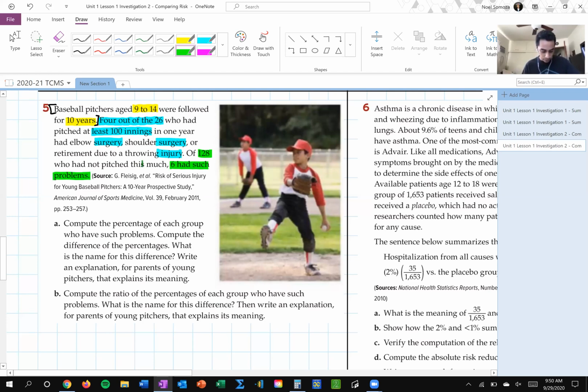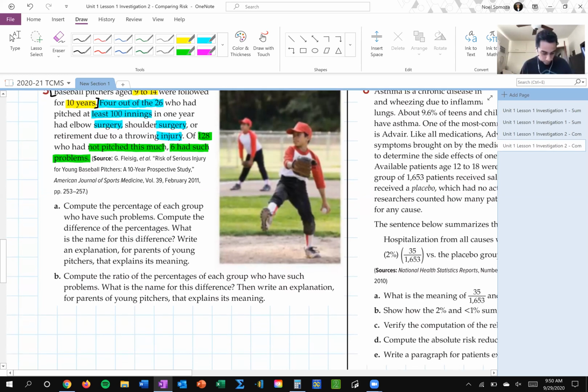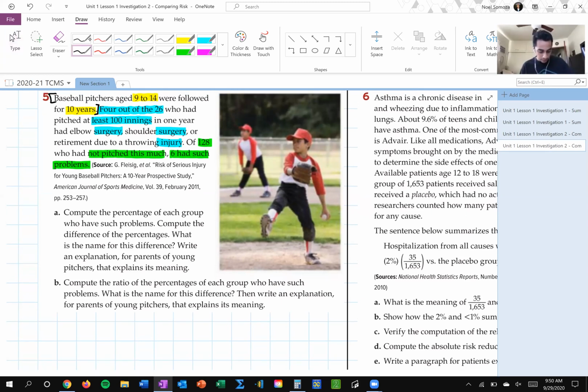These are the ones who had not pitched as much. So we have the two groups. For part A, first it's asking us to compute the percentage of each group who had such problems. Compute the difference of the percentages. And then what is the name of that difference? Write an explanation for parents or young pitchers that explains its meaning.